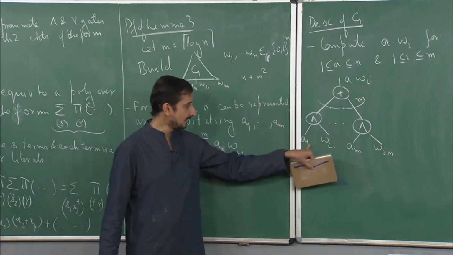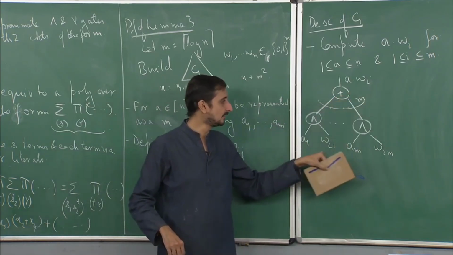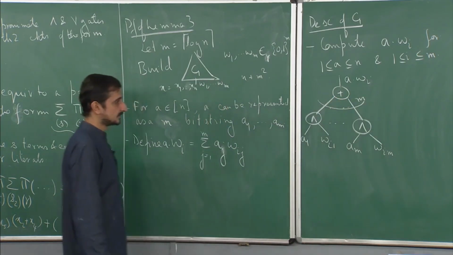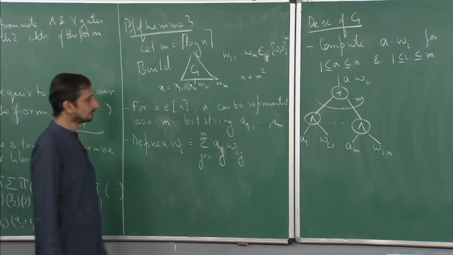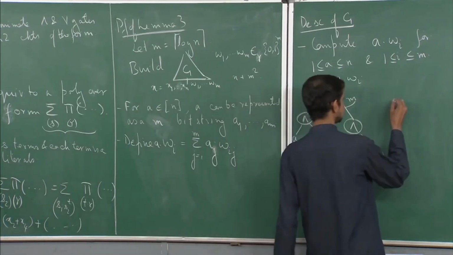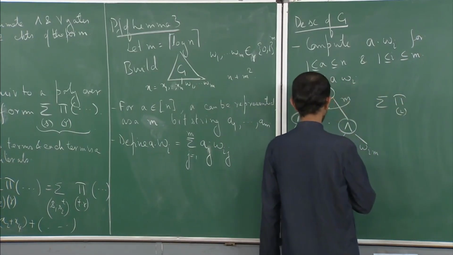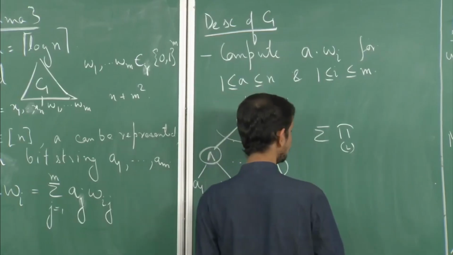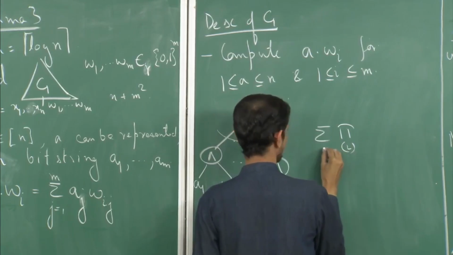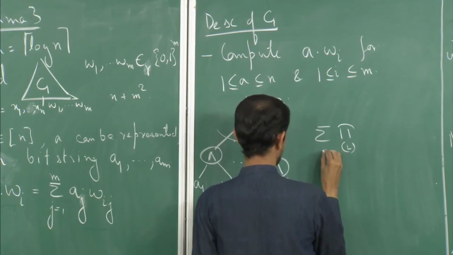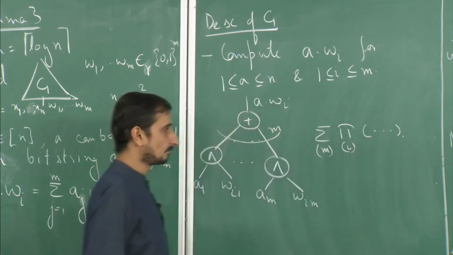These products will be 1 if both of them are 1, and finally the parity will be 1 if there is an odd number of such products which are 1. That is exactly what we want. So this is a sigma pi circuit where the pi gates have fan-in 2 and the sigma gate has fan-in m.